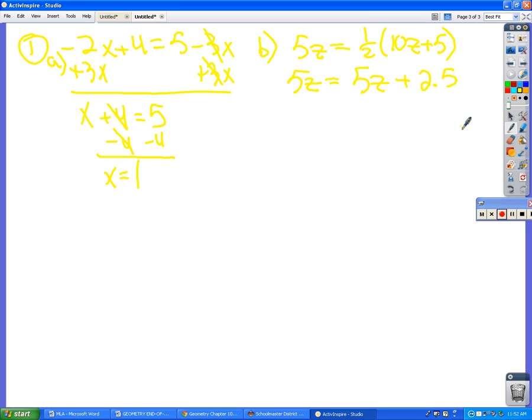Okay. Now what do I do? Now you subtract 5z from both sides. So those cancel, so 0 equals 2.5. Can 0 ever equal 2.5? Depends what you believe in. I believe that that is no solution.